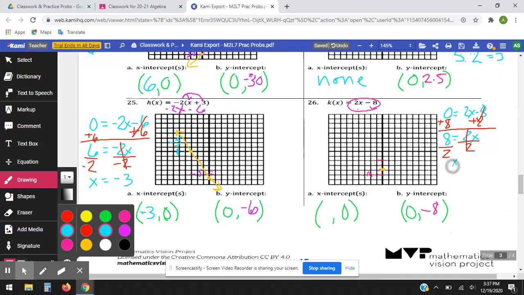And x equals 4. So my x-intercept will be 4. And I can count by ones. 1, 2, 3, 4, 5. And my dot will be at the 4. And now I've got my 2 points. I connect them, and I have my equation's line.